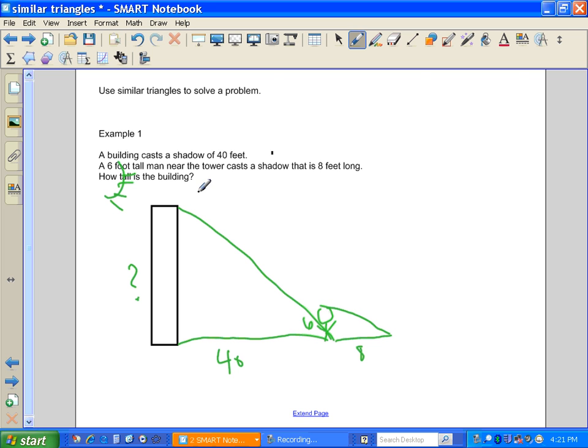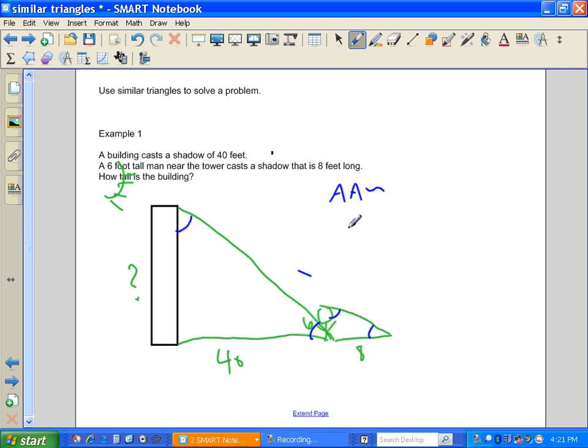So we're looking like this angle here and this angle here are probably congruent based on the angle of the sun. And the angle here and the angle here are congruent based on the angle of the sun. So first off, it looks like the two triangles are similar by angle-angle similarity.